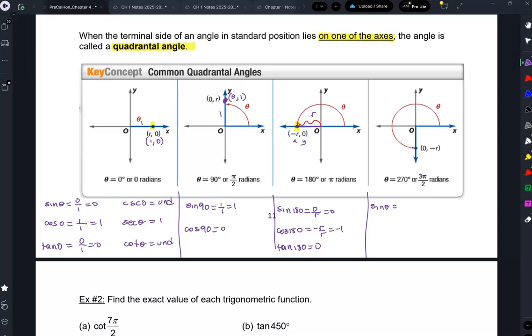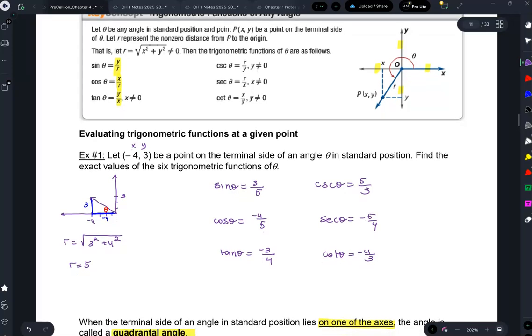Never over 0. It's y over r. So how much? Negative r over r. So negative 1. Okay, what would tangent of 270 be? Negative r over 0, which is undefined.